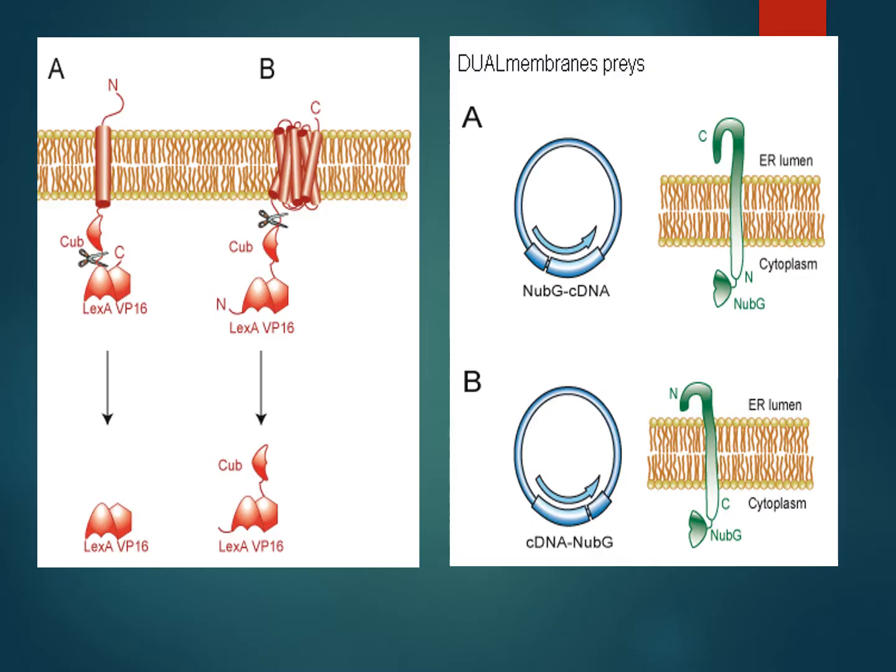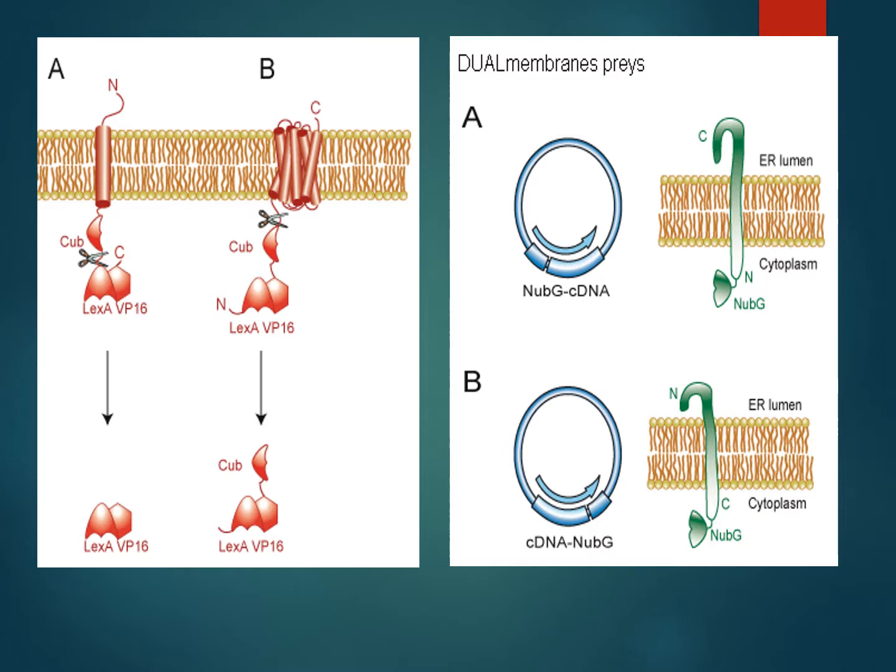So what does that look like? Well, here is the Cub moiety. Here's the membrane protein. The Cub has been fused to it, and also the VP16-LexA has been fused to it. So it's three different proteins or parts of proteins fused together here.